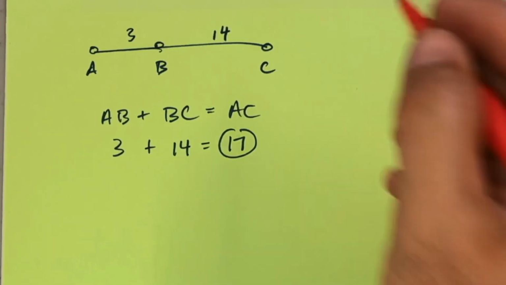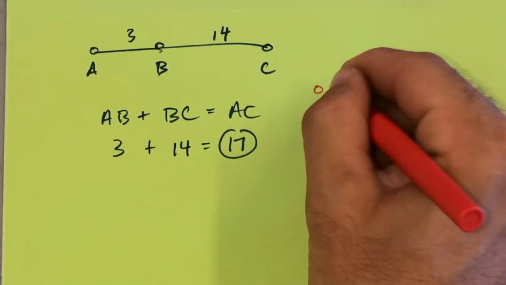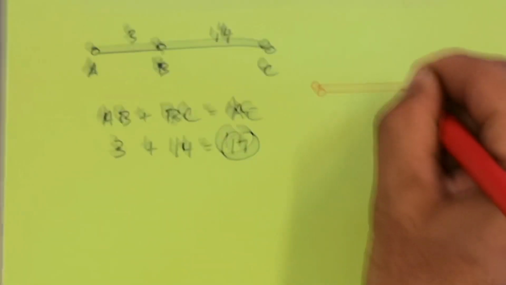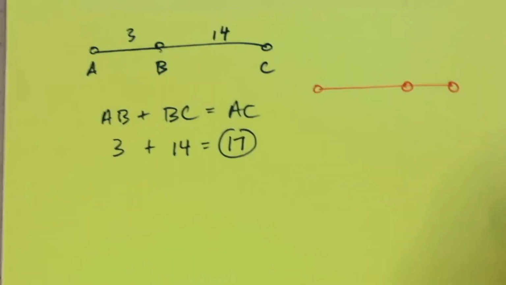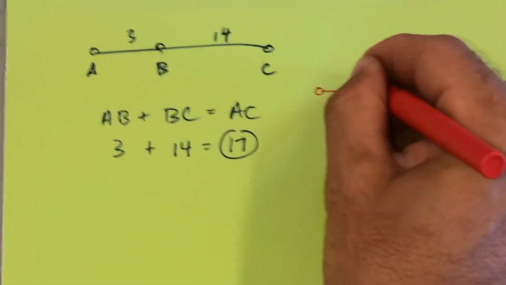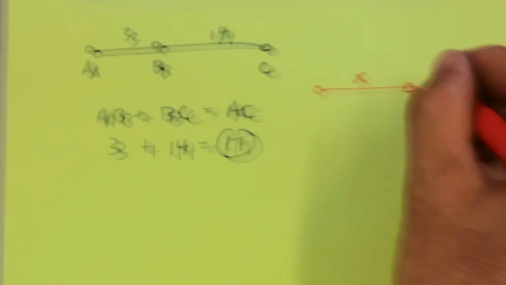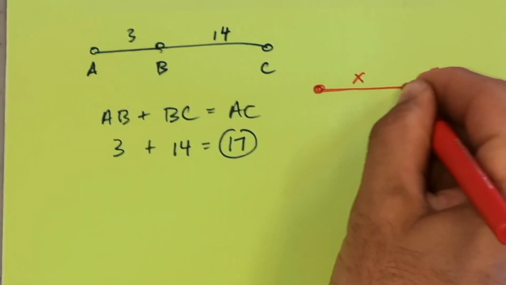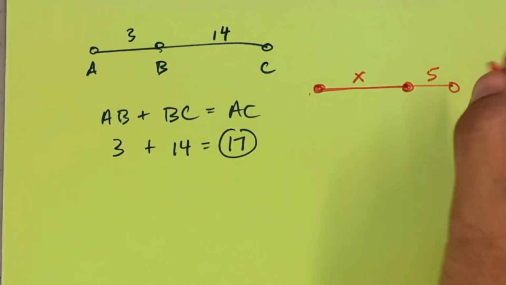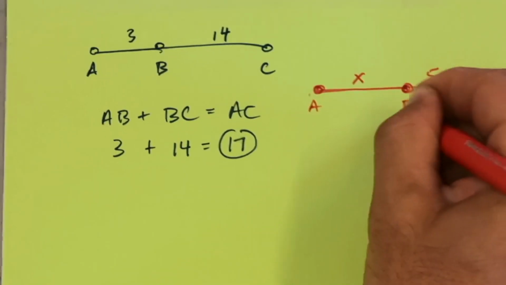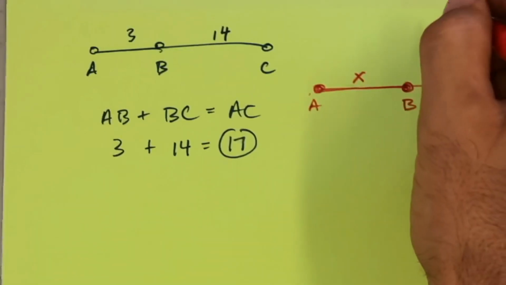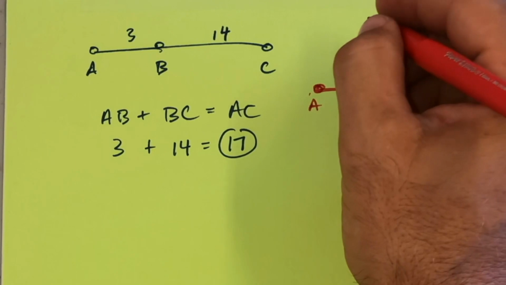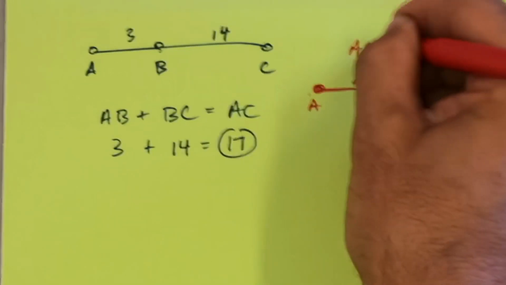And you could do the same thing, but in this case, you may see that they don't give you one of the segments that make up the whole segment, but maybe they tell you that AC is, let's say in this case, 21.